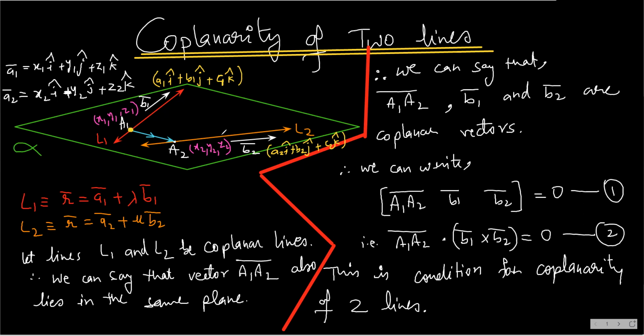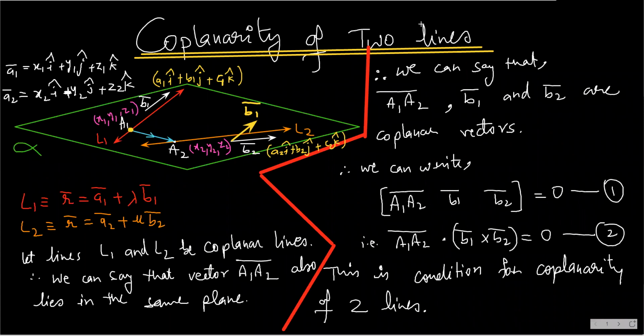So what I will do? I will find B1 bar cross B2 bar or B2 bar cross B1 bar. If I'm getting B1 bar cross B2 bar, what will happen? See here, I will show it to you. This is vector B1 bar. Now I'll find vector B2 bar cross B1 bar.